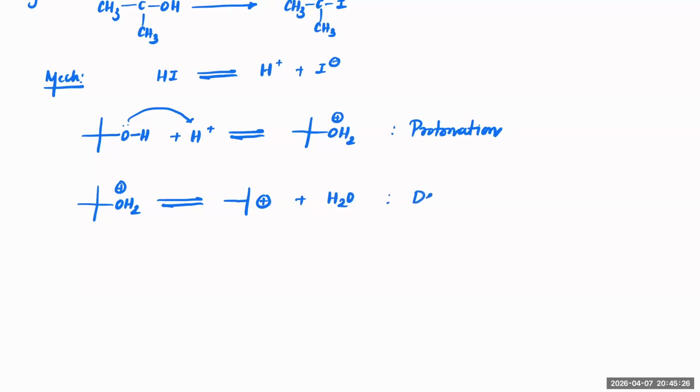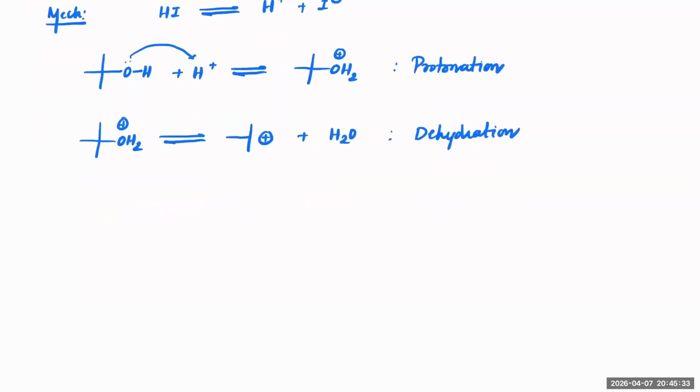Since water is coming out, we call it the dehydration step. So the first step is protonation, the second is the dehydration step. Then the carbocation can undergo rearrangement, but in this case, the carbocation is already very stable. So then the I minus attacks on it, making it into the alkyl iodide.